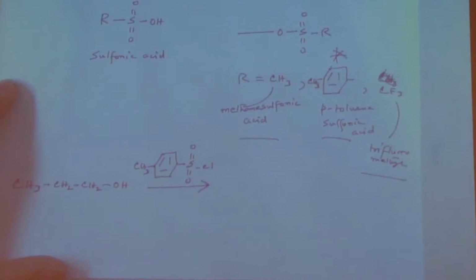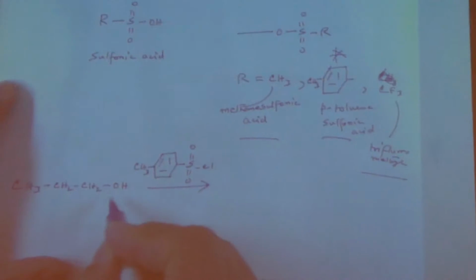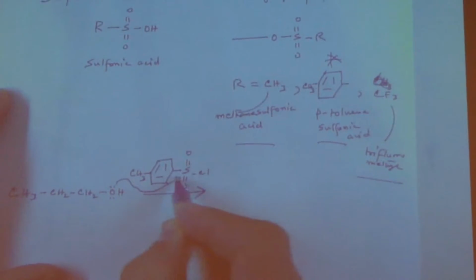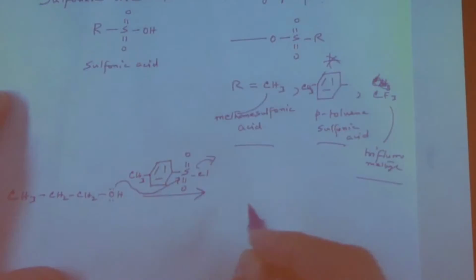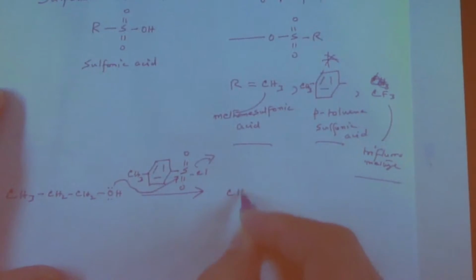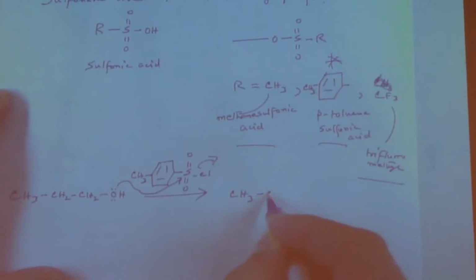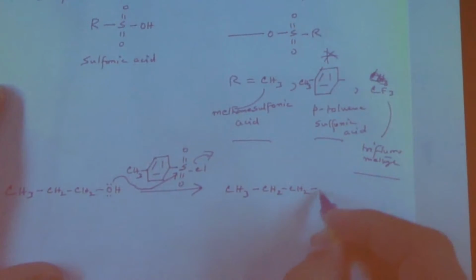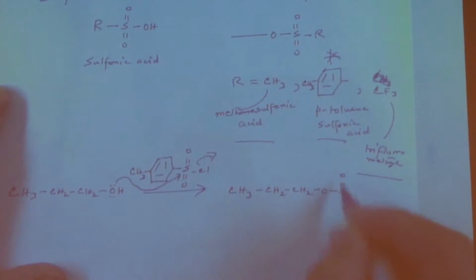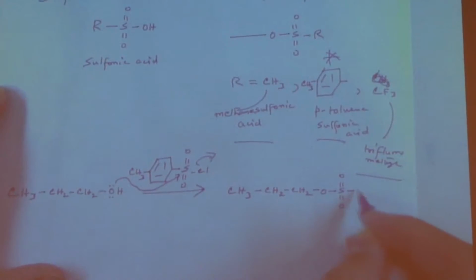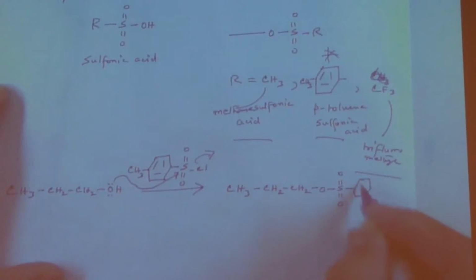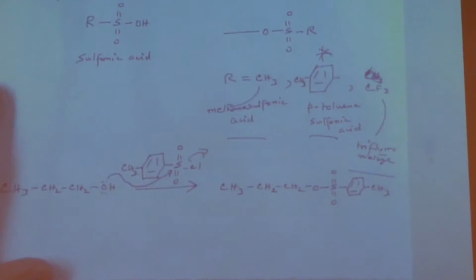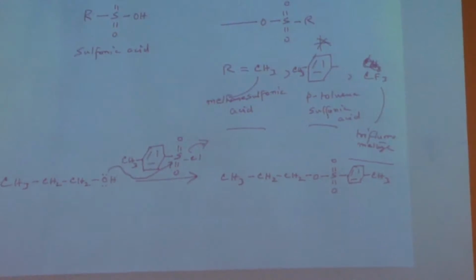So use the corresponding chloride, and the OH can attack the sulfur, displacing the chlorine, and generate the corresponding ester that is being formed.